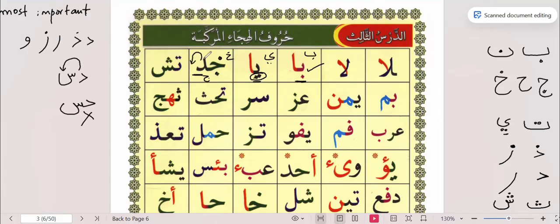So just by looking at the dots, ta, sheen. What makes you say that the letter after ta is sheen? The shape of the letter makes you say that this letter is sheen. Look at the dot: ba, meem, ya, meem, noon.